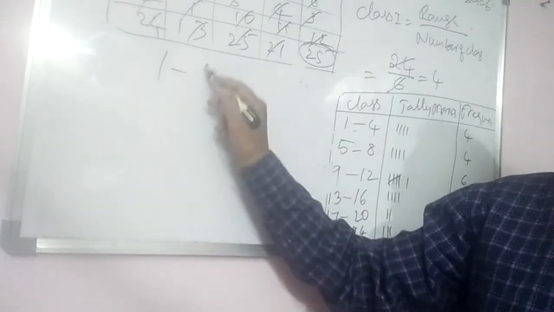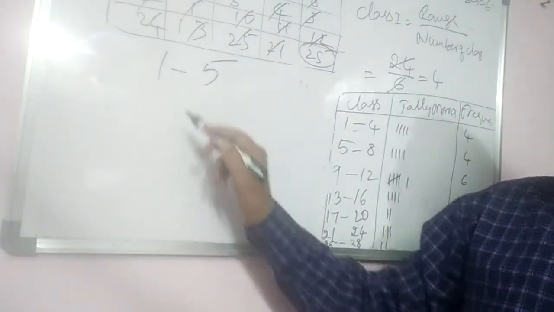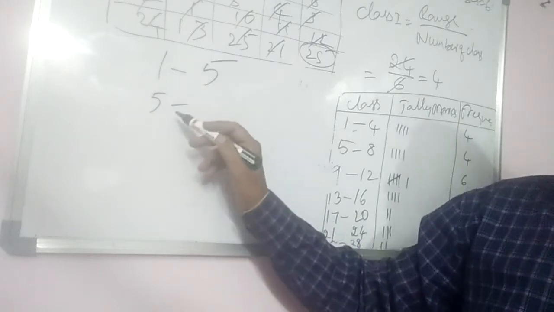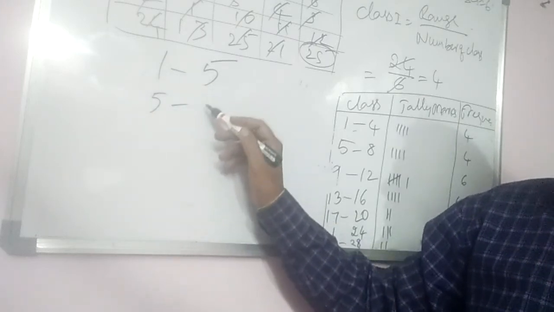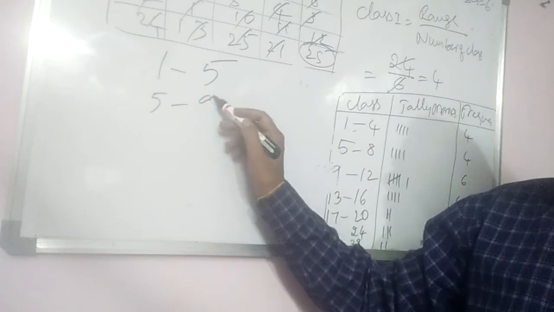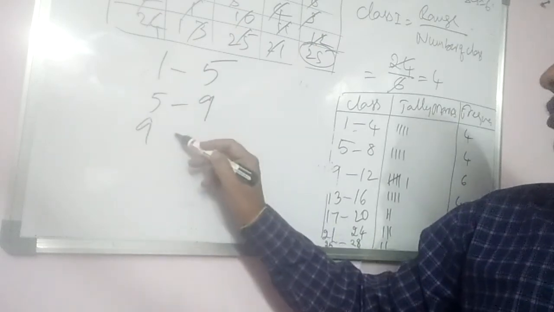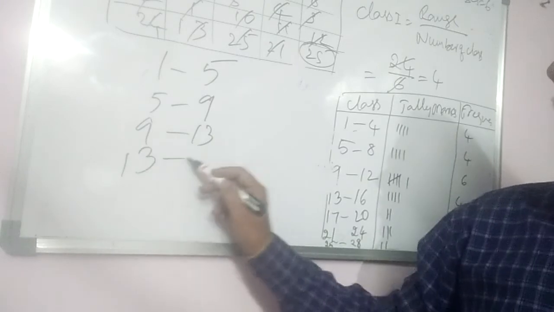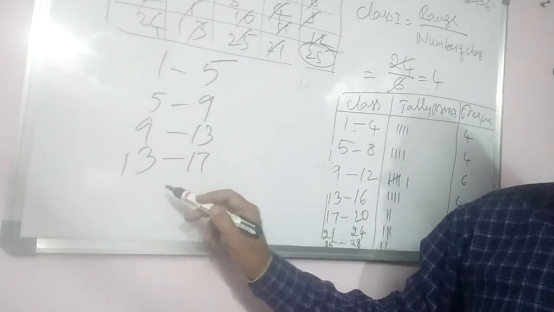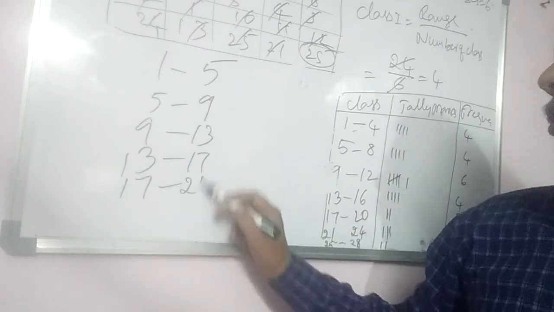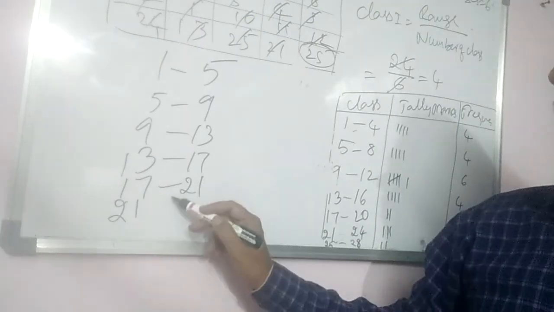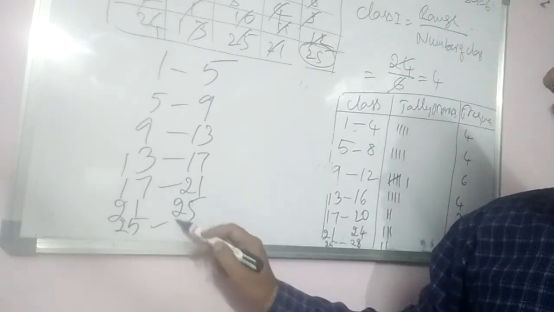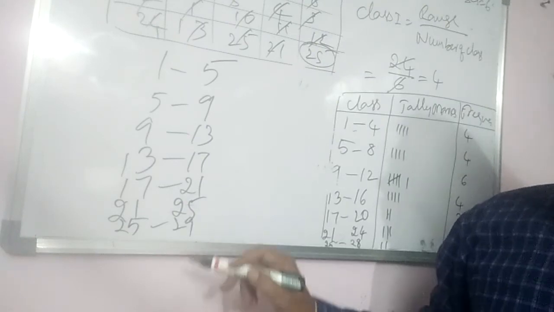Again, 1 to 5, 5 to 9. 9 plus 4, 13. 13 plus 4, 17. 17 plus 4, 21. 21 plus 4, 25. And 25 plus 4, 29.